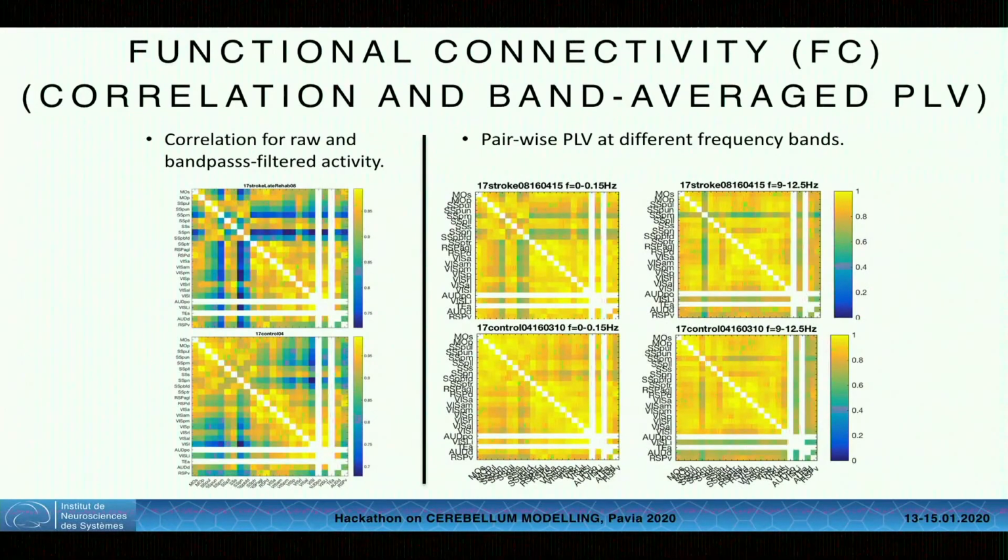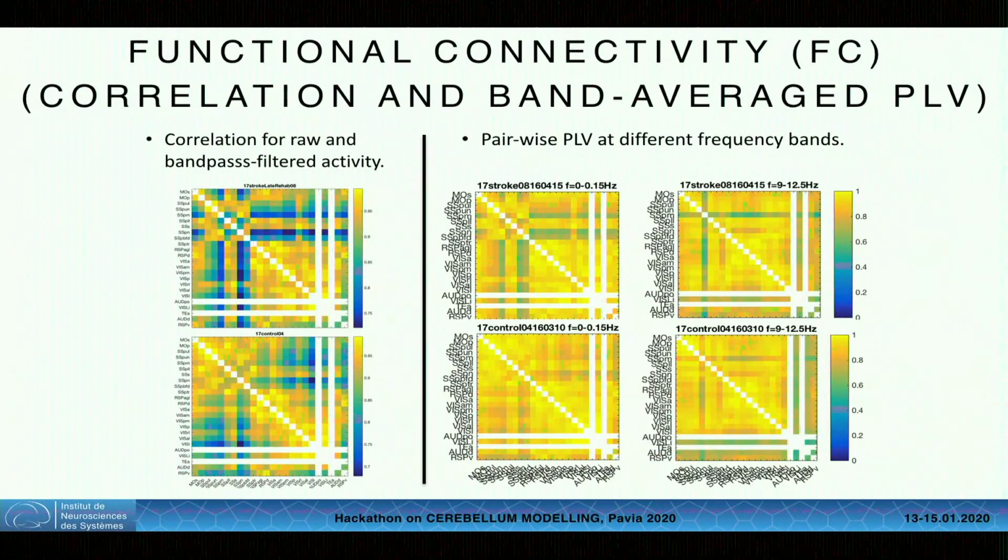And what we end up with, all from the data, is connectivity matrices. Here are the different brain regions, and we see how they are connected to each other in different conditions, meaning healthy or stroke.